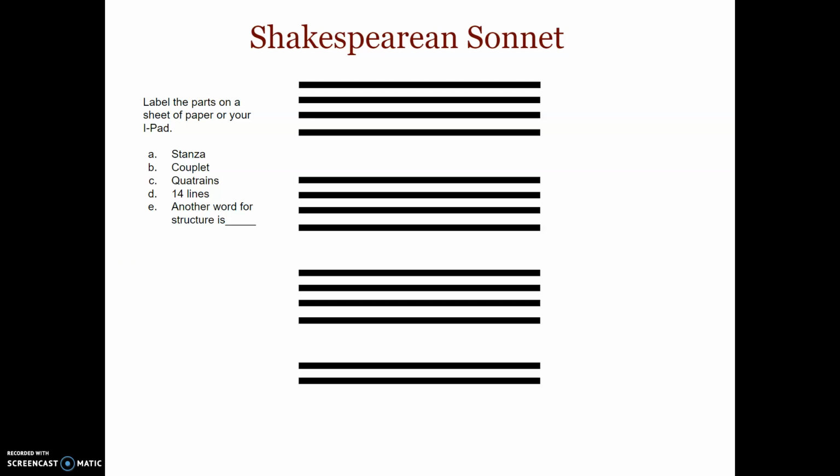I don't care if you do it on a sheet of paper, if you do it on notes on your iPad, wherever you want to do it. The point is, I just want you to be able to identify these components on your own, okay? And when you think you have a really good understanding of it, I want you to go to Canvas and try the Ed Puzzle quiz that I have in there for you to see how much you remember.